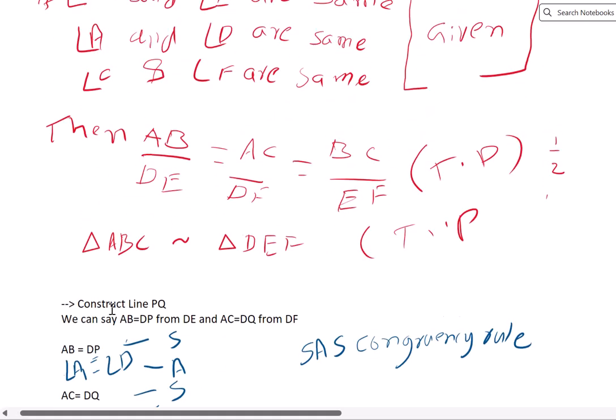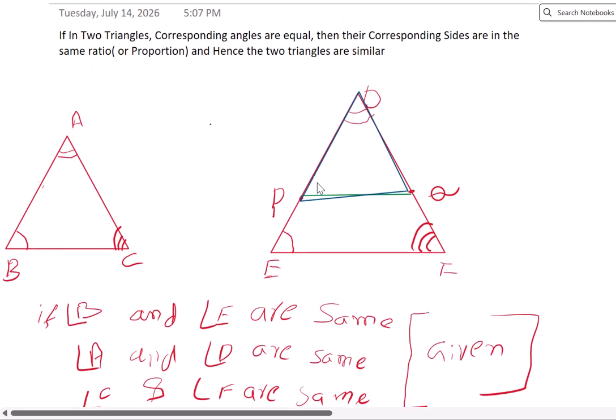as per the CPCT rule, the other two corresponding angles also become equal. This angle, this angle, this angle, this angle will also become equal as per the CPCT rule. So let's write that.